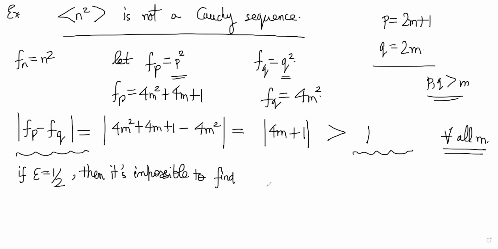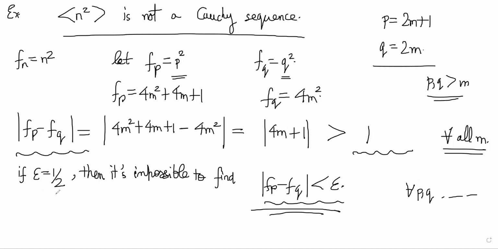In a Cauchy sequence, you have to find situations such that fp minus fq is less than epsilon for all p, q greater than some particular value. So if you pick epsilon as half or something less than 1, that is impossible because fp minus fq is greater than 1, obviously. Okay.